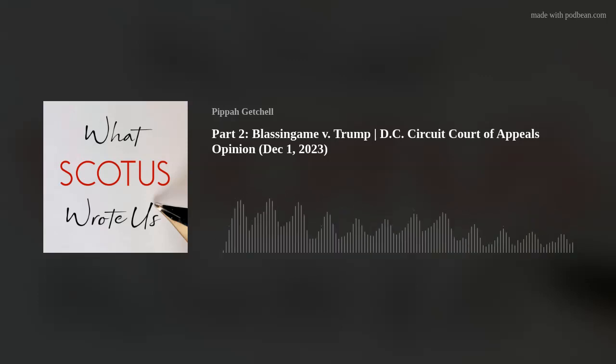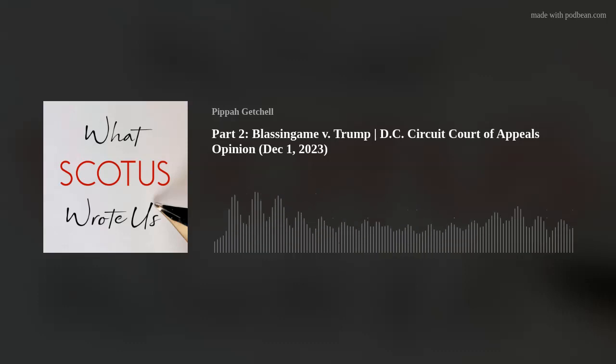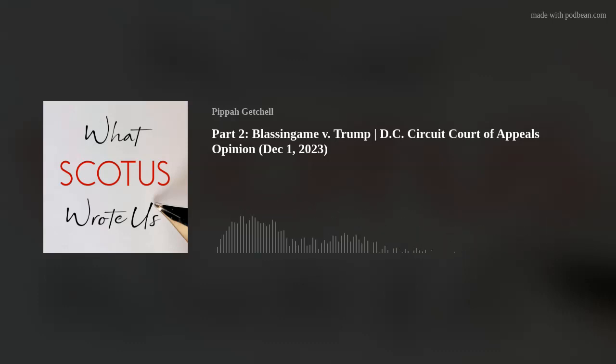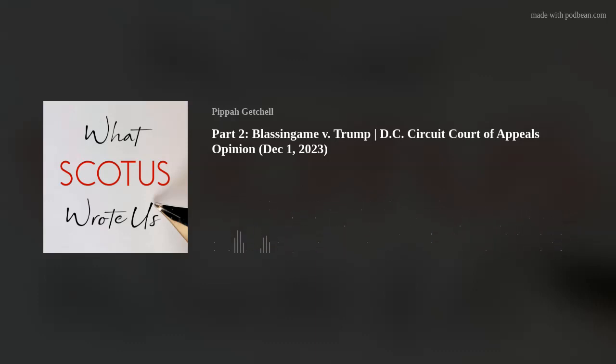And third, the president's actions do not fall beyond the outer perimeter of official responsibility merely because they are unlawful or taken for a forbidden purpose. Rather, the president's official immunity insulates all of his official actions from civil damages liability, regardless of their legality or his motives.